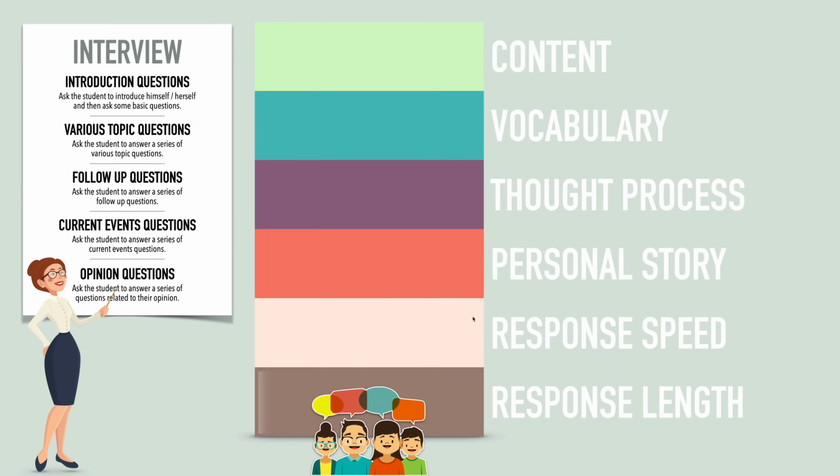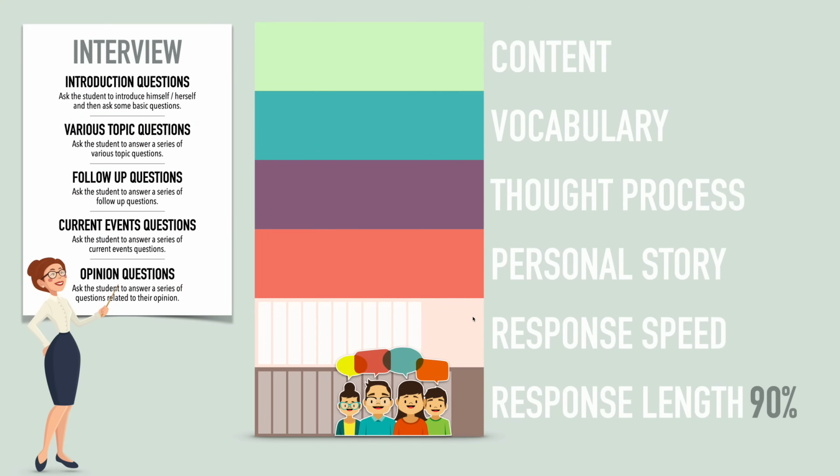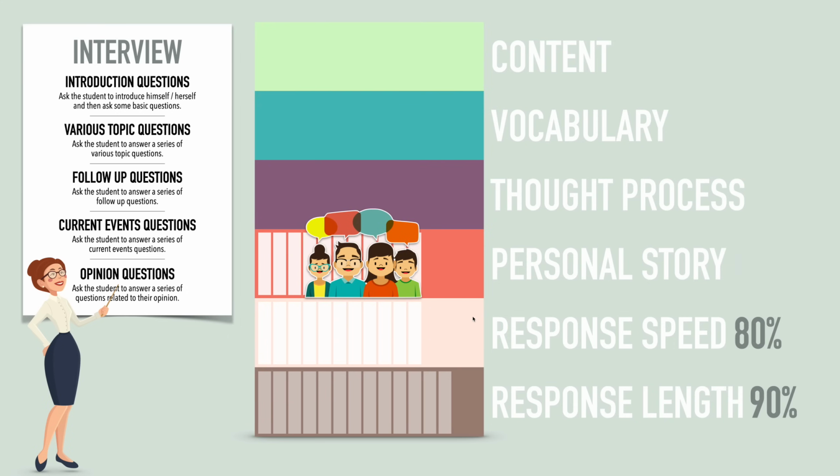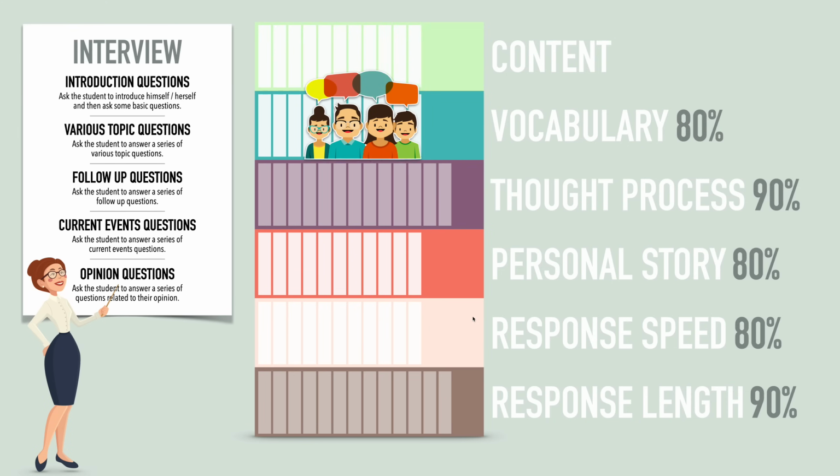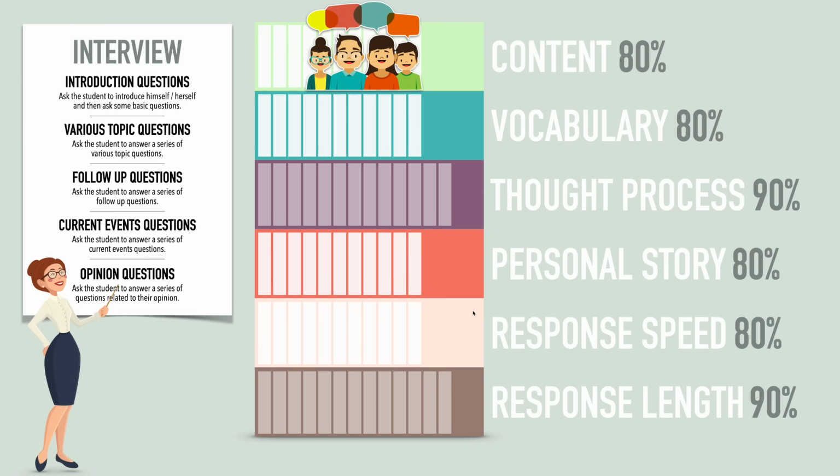So, again, we have response length. Maybe the student got a 90% in response length, maybe an 80% for response speed, 80% for personal story, 90% for thought process, 80% for vocabulary, and 80% for content. Again, in each section, you'll receive a different score.